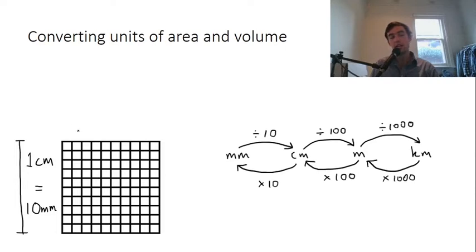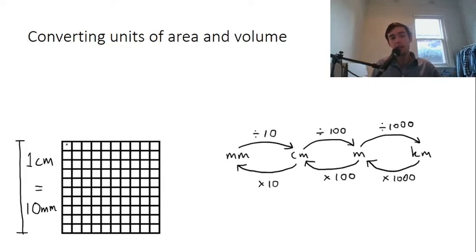Well, it's how many millimeters squared, which is one of these squares, fit inside of this big centimeter squared. And you can straight away see that it's more than 10. If I started with 1 centimeter and times it by 10, I would get 10 millimeters. So 1 centimeter squared, if I times that by 10, I would get 10 millimeters squared. That doesn't work because there's actually a lot more. And how many are there?